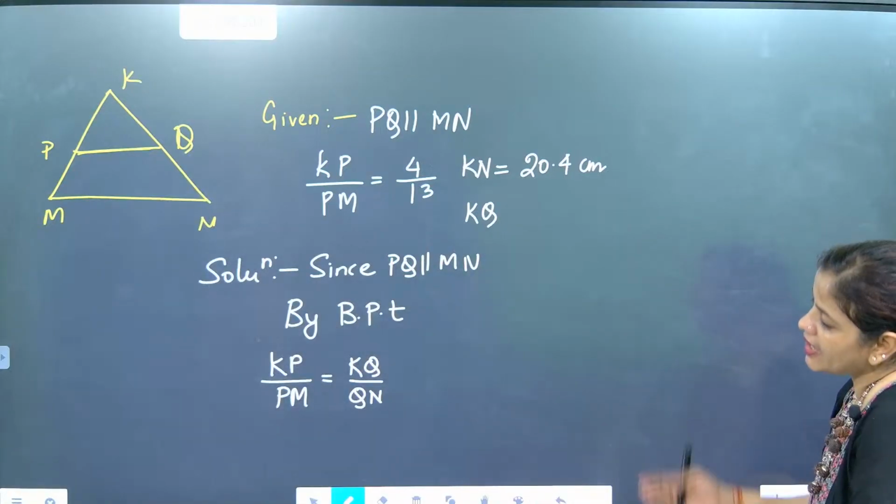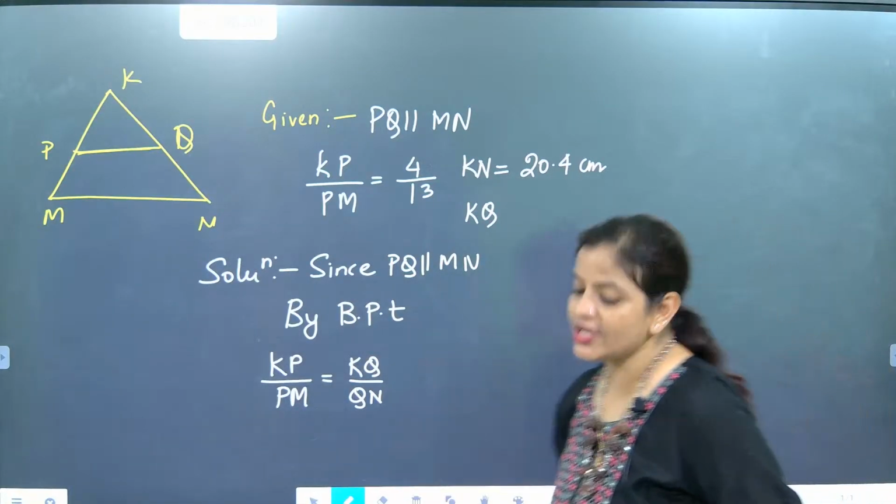Understood? KP by PM is equal to KQ by QN, beta.